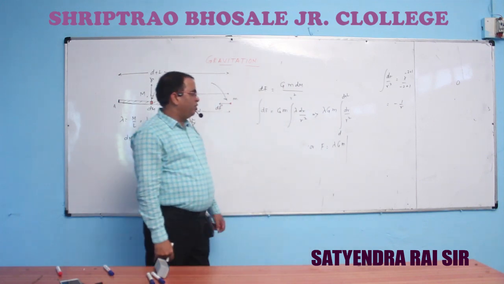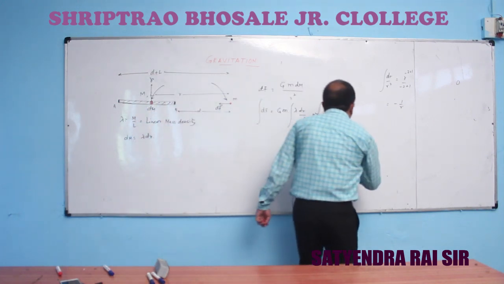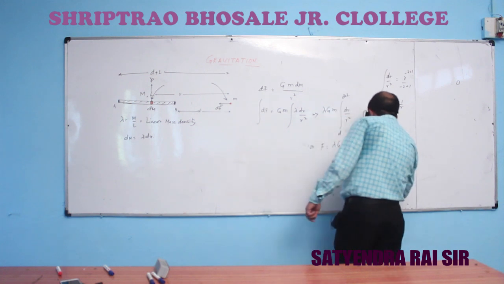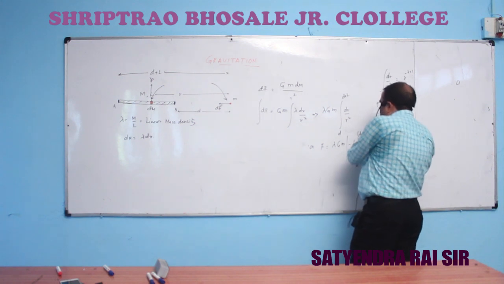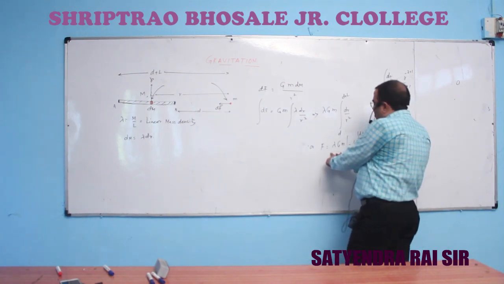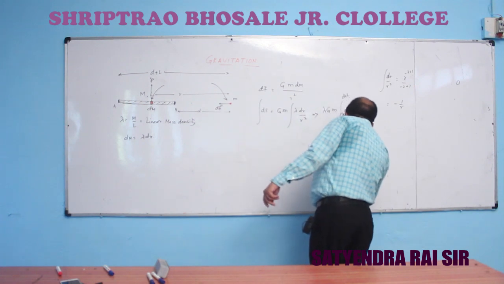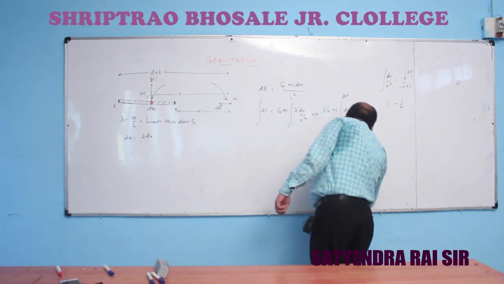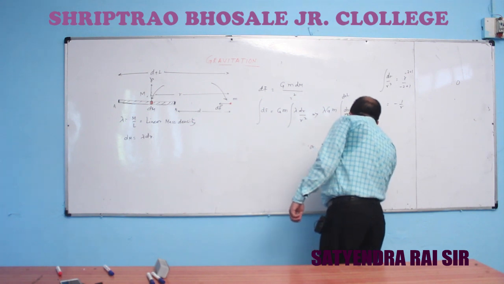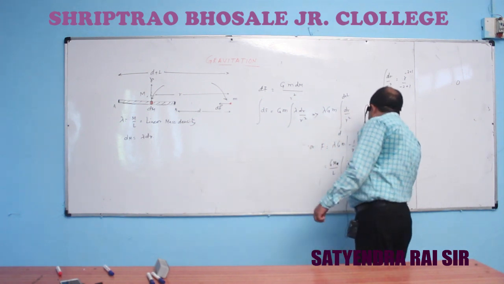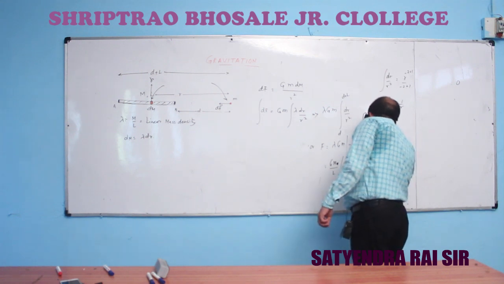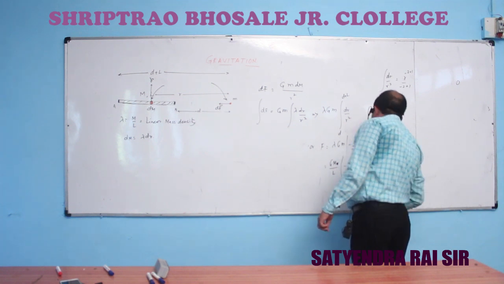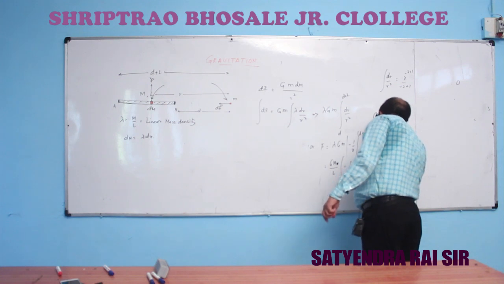With limits d to d plus l, putting the upper limit minus the lower limit, and the value of lambda as m by l, we get G m small m upon l into minus 1 upon d plus l plus 1 upon d.